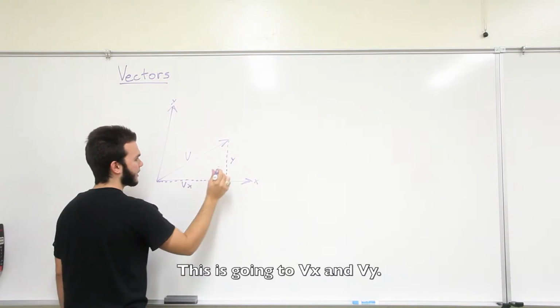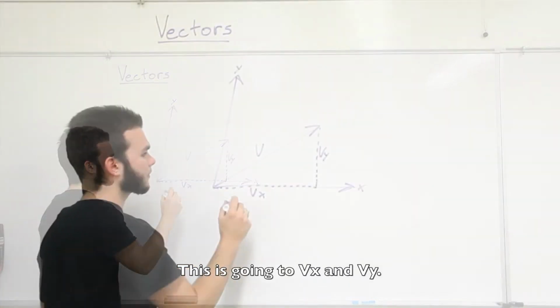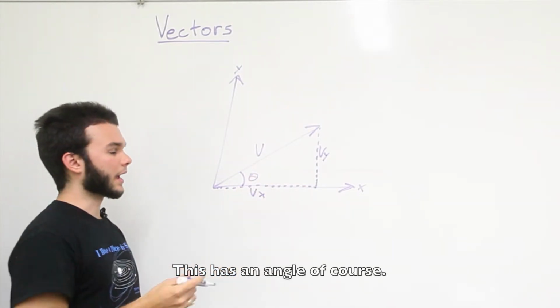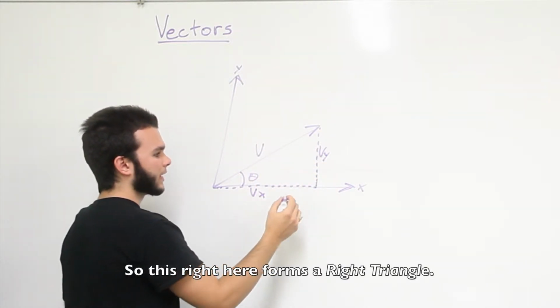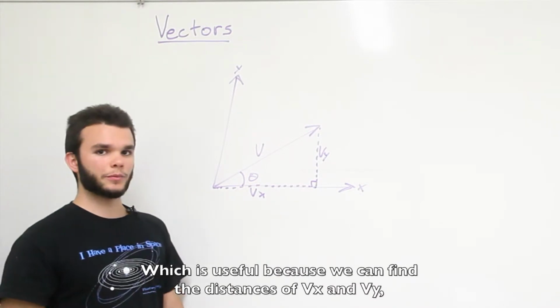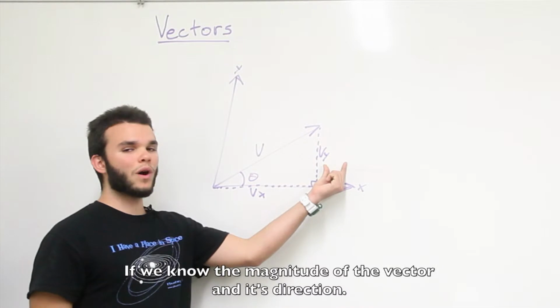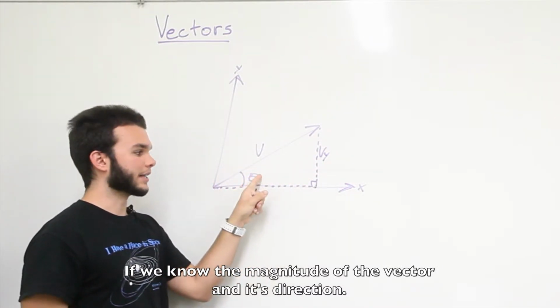This is going to be Vx and Vy. This has an angle, of course. So this right here forms a right triangle, which is useful because we can find the distances of Vx and Vy if we know the magnitude of the vector and its direction.